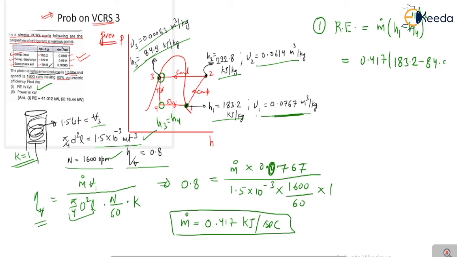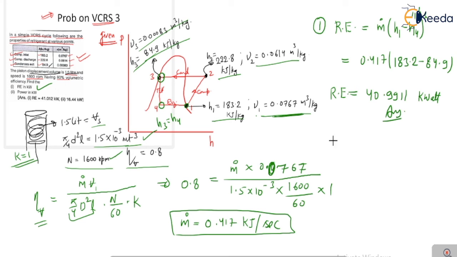By this solution we can easily get the value of refrigeration effect, and the value of refrigeration effect is 40.9911 kilowatt. Is it right? So this is your answer for the first question, the RE.